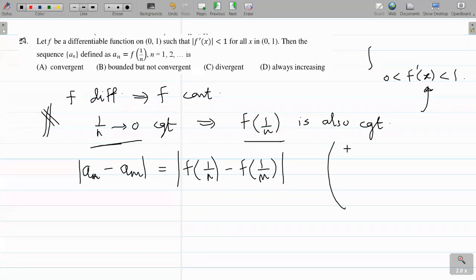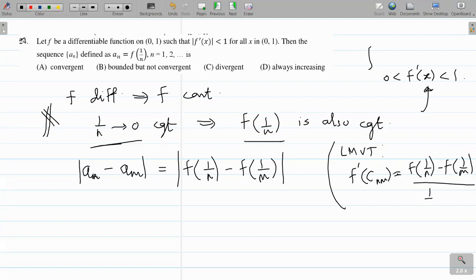So now you apply LMVT on the interval 1 by n, 1 by m. So what you get is f dash of c, say c_nm maybe, is equal to f of 1 by n minus f of 1 by m upon 1 by n minus 1 by m.